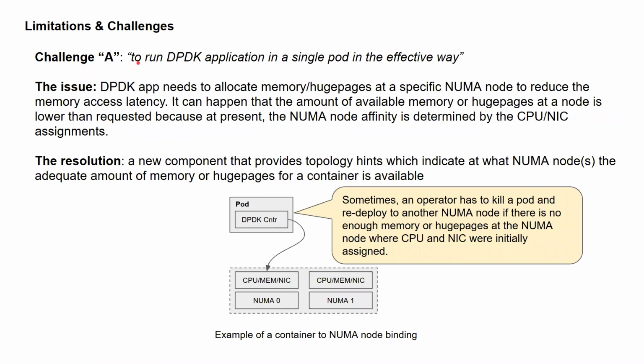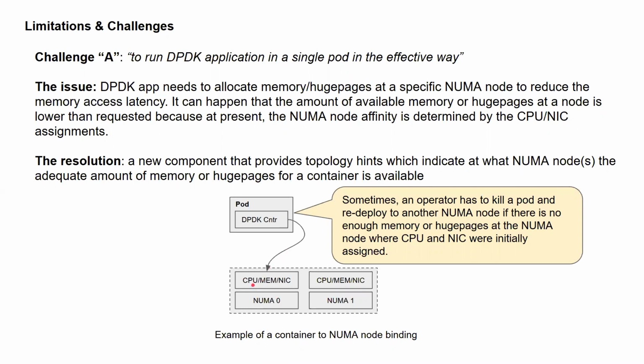First challenge is to run the DPDK applications in a single pod in an effective way. Effective means that we want to have fast access to the resources, and this can be done by aligning all of the compute resources from a single NUMA node.